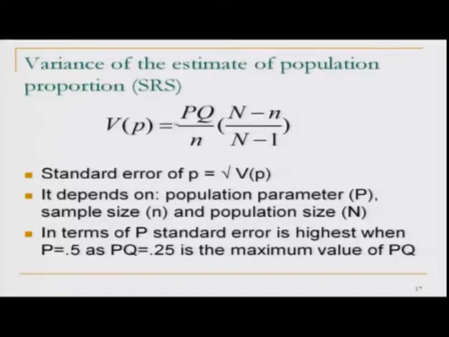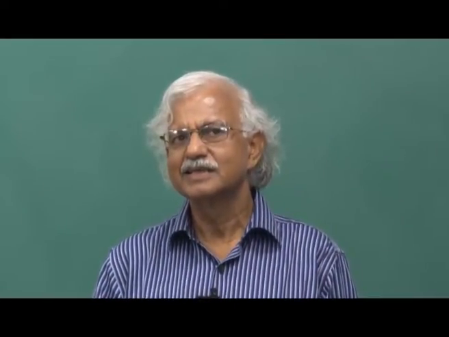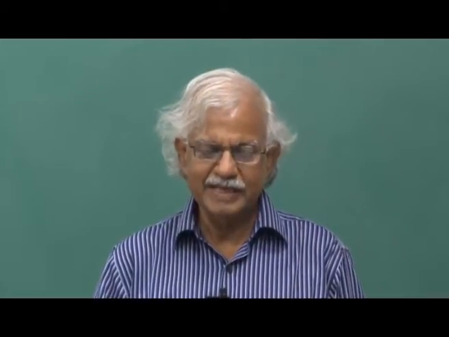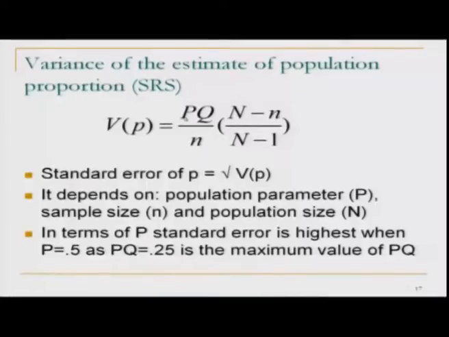So, if P rises from 0 to 0.5, variance of P will rise or standard error of P will rise, but beyond 0.5 further increase in the value of P leads to decline in standard error of P. That means, if P is close to 0 or 1, standard error is the least, and if P is close to 0.5, then the standard error is maximum.